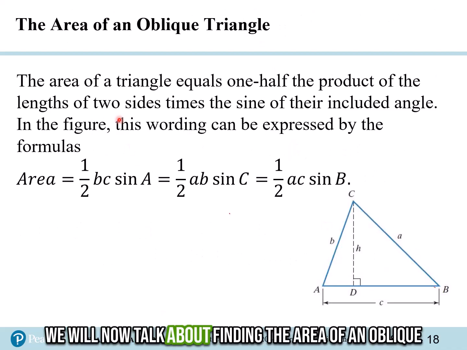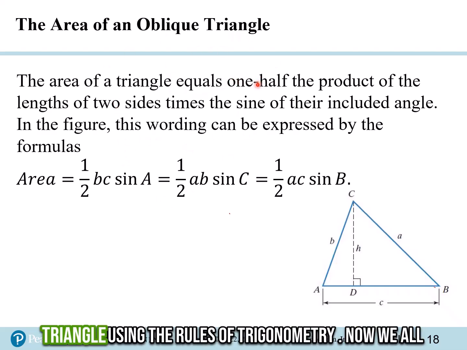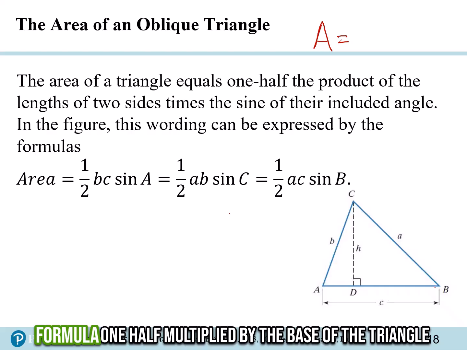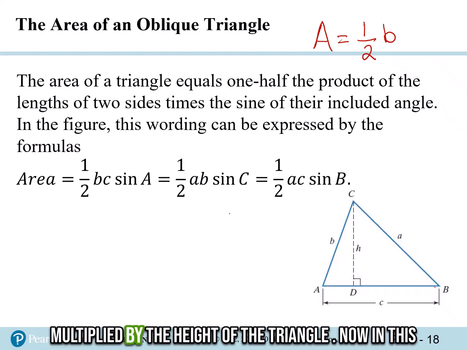We will now talk about finding the area of an oblique triangle using the rules of trigonometry. Now we all know that the area of a triangle is defined by the formula 1/2 multiplied by the base of the triangle multiplied by the height of the triangle.